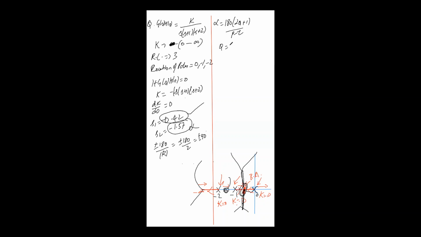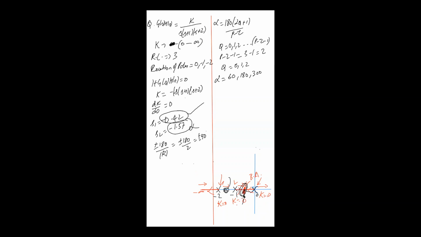Q will range from 0, 1, 2 up to p minus z minus 1. In our question, p is 3, z is 0, so p minus z is 3. Q will have three values: 0, 1, and 2. Corresponding to each value of q, the angles will be 60 degree, 180 degree, 300 degree. Calculate it, it will come out to be this only.